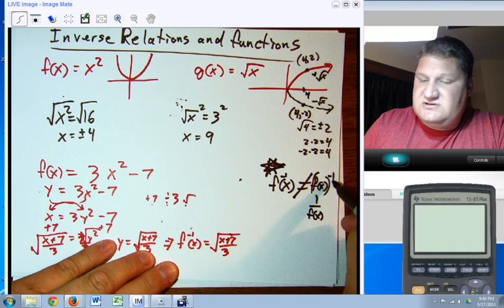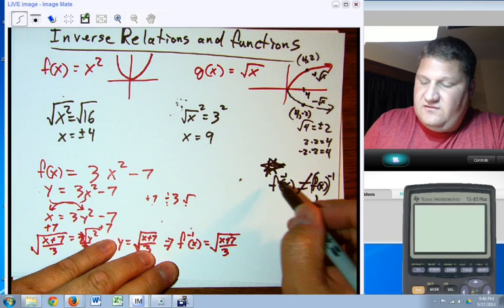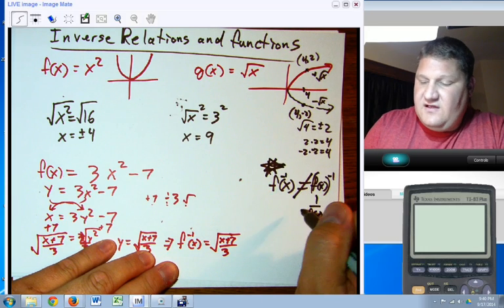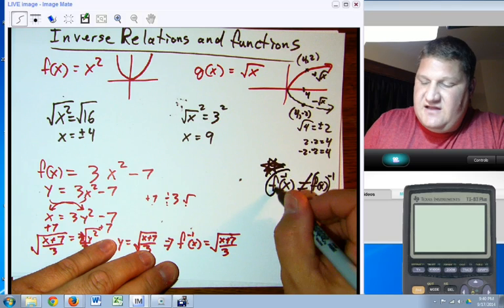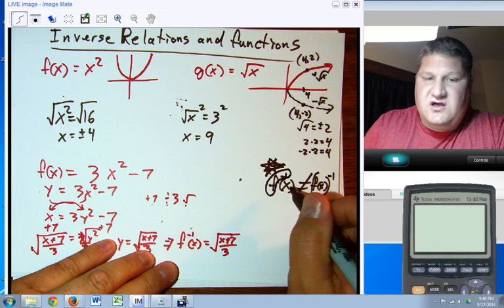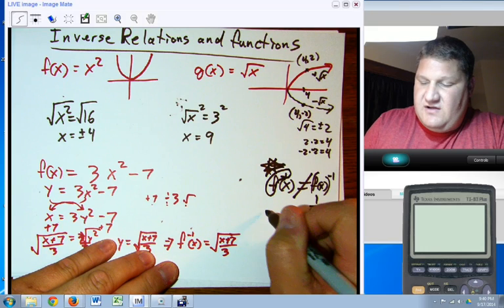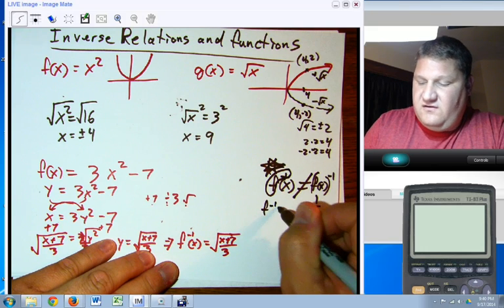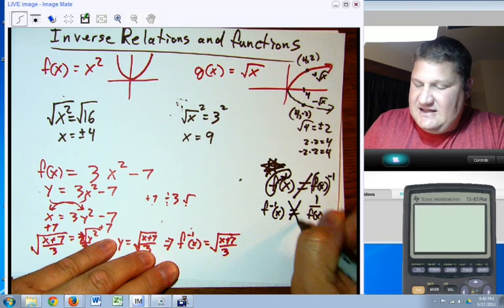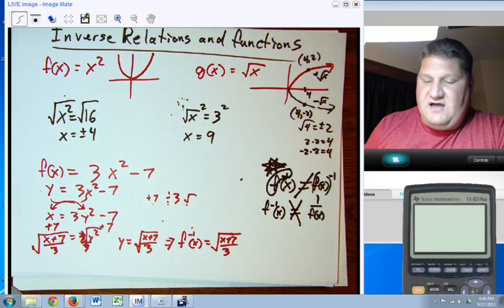But you'll notice the negative 1 here is at the back. This negative 1 is after the f, before the x. This is saying do the inverse of the function of x. So f inverse of x does not in any way equal 1 over f of x.